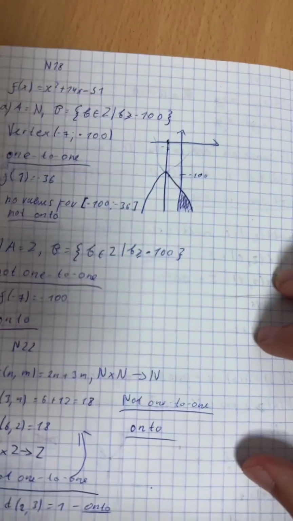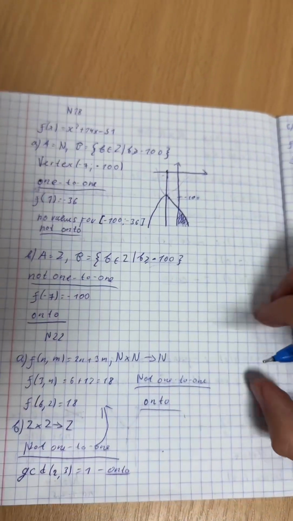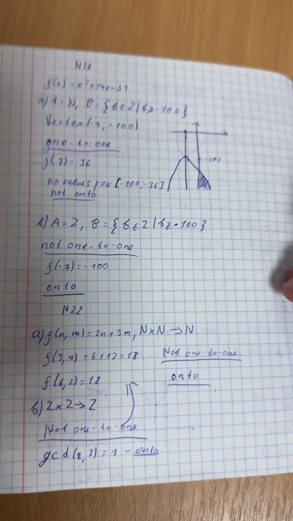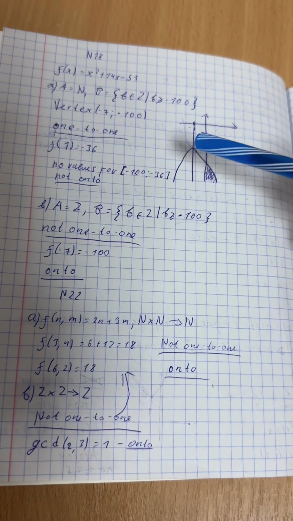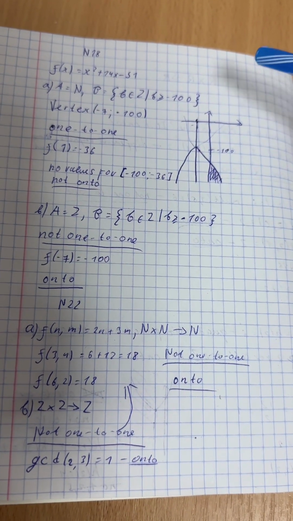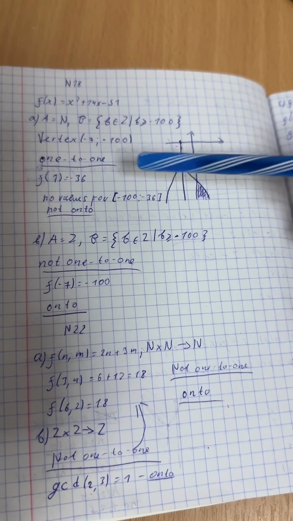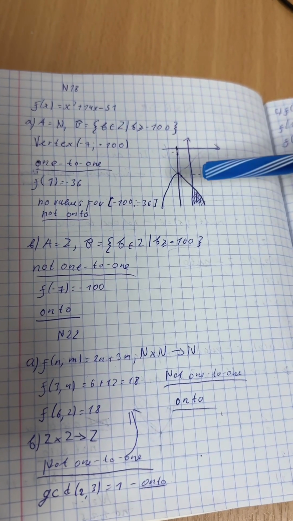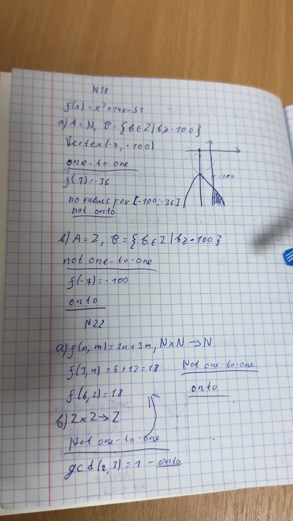And next task, we have the function x squared plus 14x minus 51, and here for every natural number and b integer greater than minus 100, we find a vertex, and it's minus 7, and it's one-to-one because also here we take one part of a parabola.